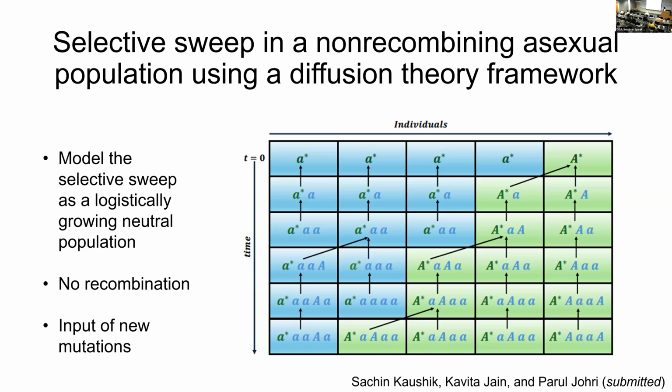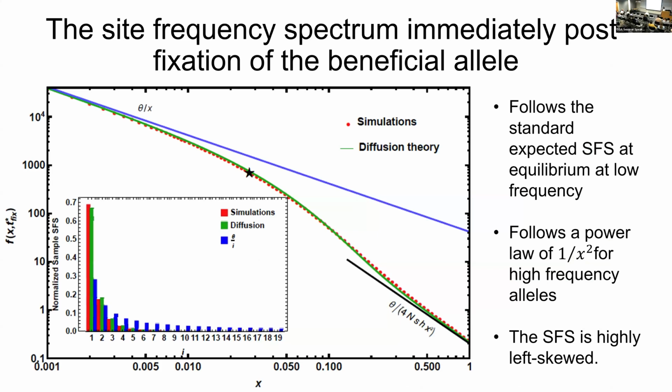With this diffusion framework, at any point in time, we can get what the site frequency spectrum of this population would look like, including post-fixation. It looks strange because it's on a log plot, but the red points are simulated data and the green points are our theory. So we can predict that pretty well.